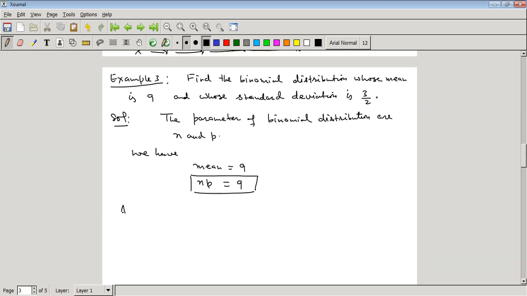Also, standard deviation equal to 3 by 2, and standard deviation is under root NPQ, that is equal to 3 by 2. Squaring both sides, we get NPQ equal to 9 by 4.